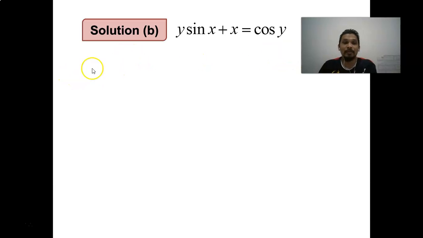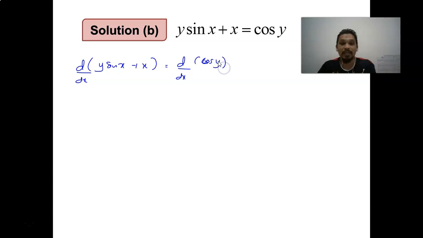Now, this is a function, then we differentiate with respect to x: y sine x plus x equals the derivative of cos y with respect to x. So this we differentiate one by one. Let's take one as u and this as v.